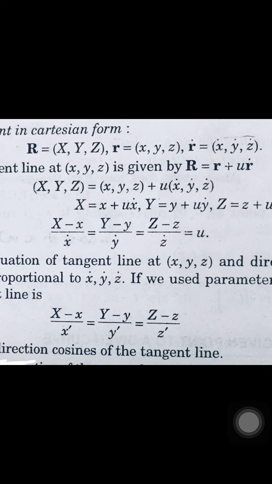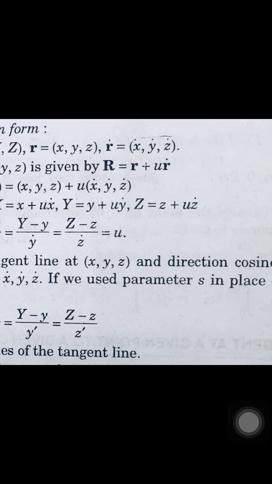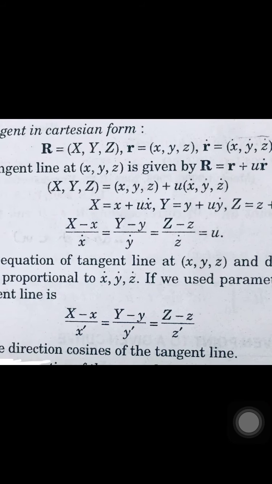Similarly, capital Y is nothing but y plus u y dot, and capital Z is nothing but z plus u z dot. Now comparing for u, we get (capital X minus small x) upon x dot is equal to (capital Y minus small y) upon y dot is equal to (capital Z minus small z) upon z dot is equal to u.